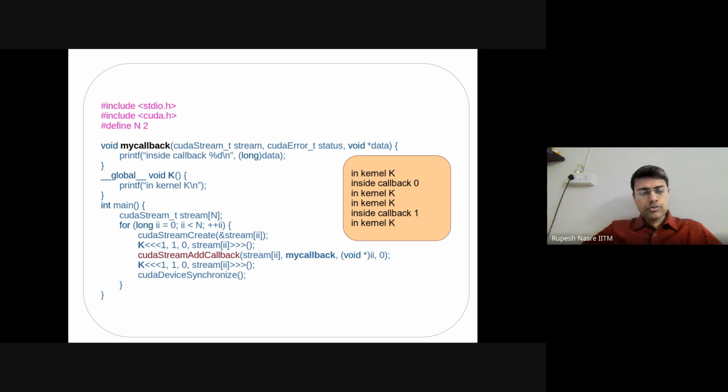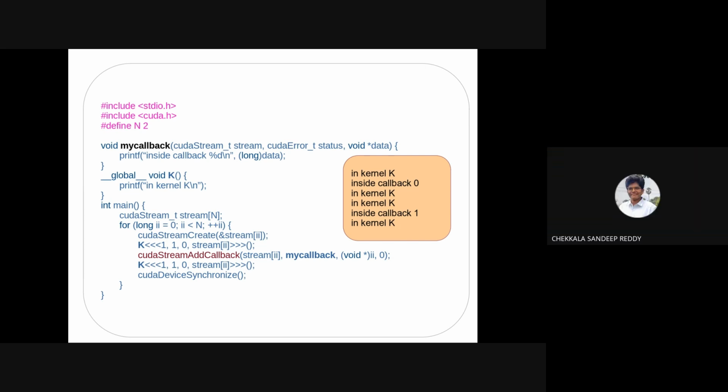No, no. Let's think about it this way. The way a kernel gets invoked is that you are pushing that kernel into the work queue in that stream. But the kernel might not start immediately. Is this okay? Yes, sir.